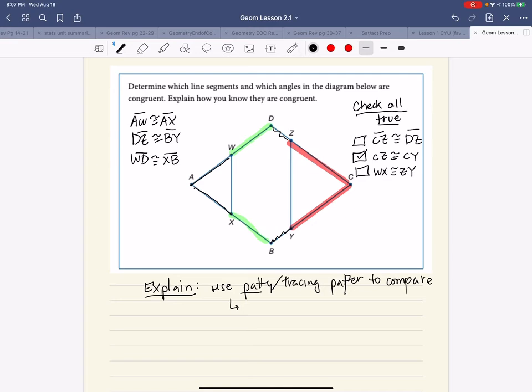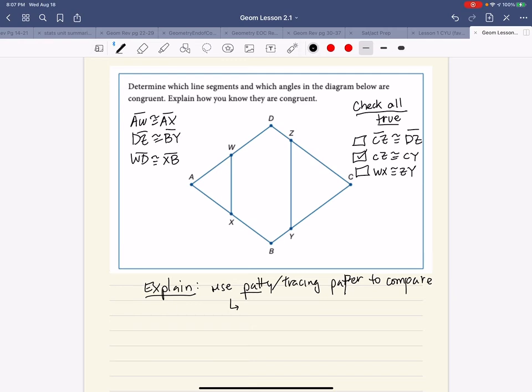What else? Any other lengths the same? I think we're pretty good. Again, maybe I didn't get all of them, but for the quiz, I would need to list these out. I can't have you list them out because it's going to be too hard for me to grade. I want to be able to grade it and give you some feedback.